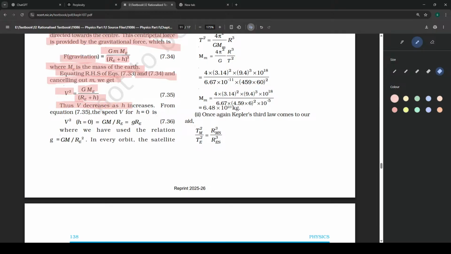Thus, v decreases as h increases, inversely proportional. Higher the height, lower the velocity to maintain the orbit.